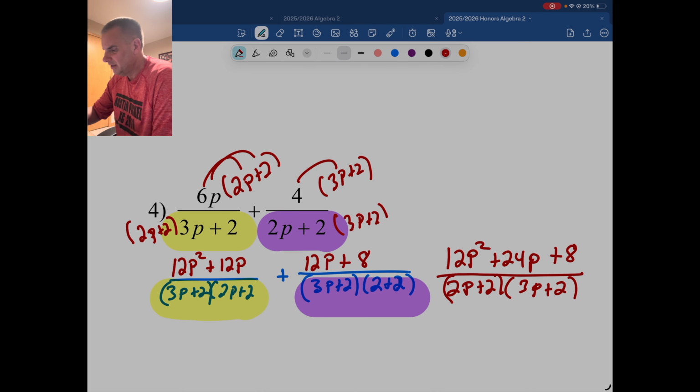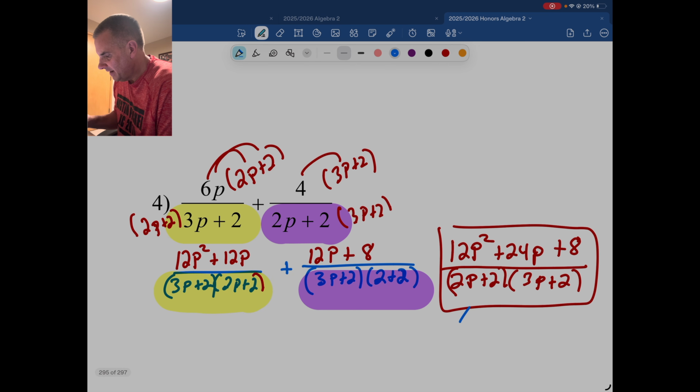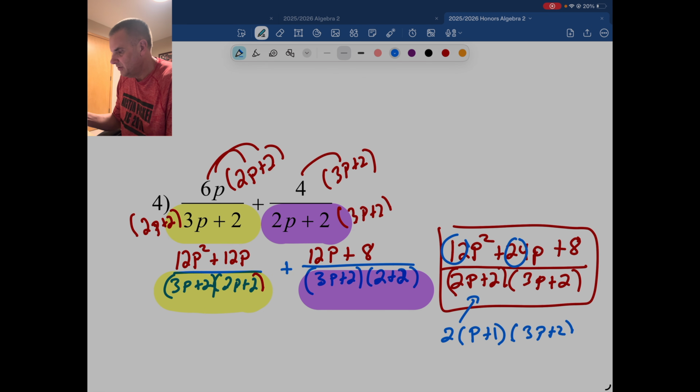I'd be fine with you leaving it like this. Technically speaking, I guess this right here factors into 2 times p plus 1, and then 3p plus 2. So each of these has a factor of 2.